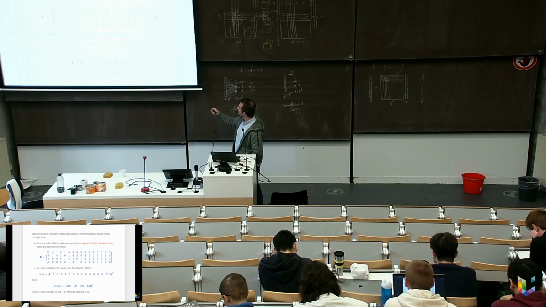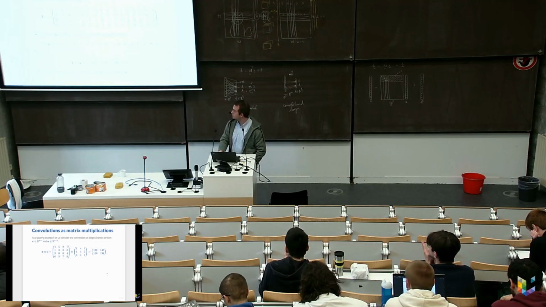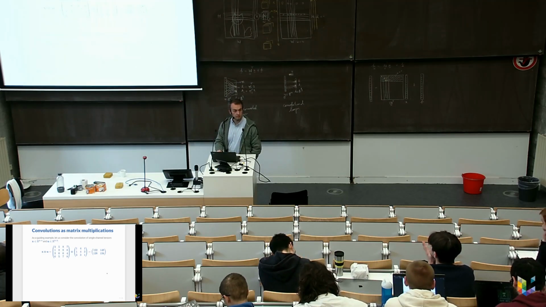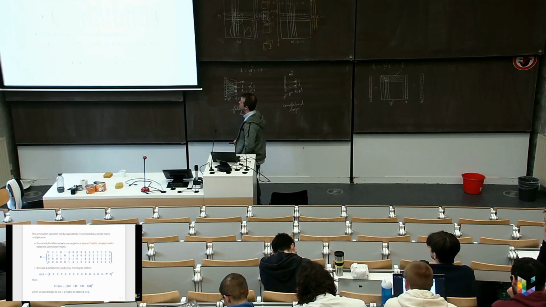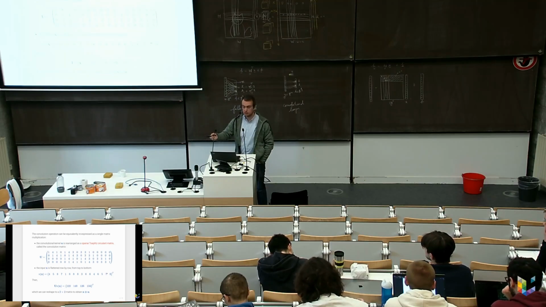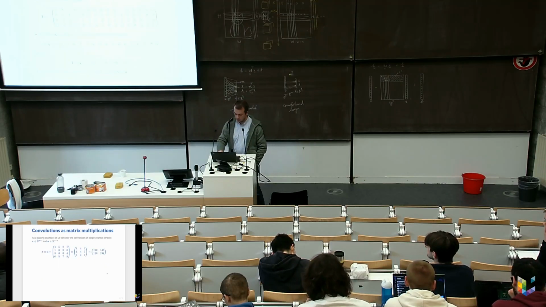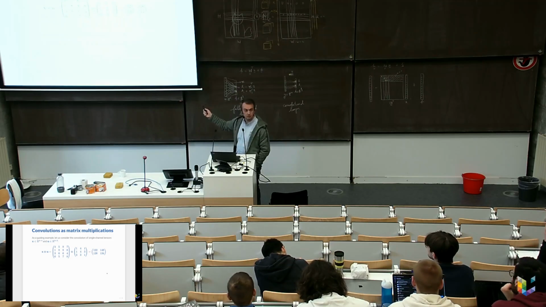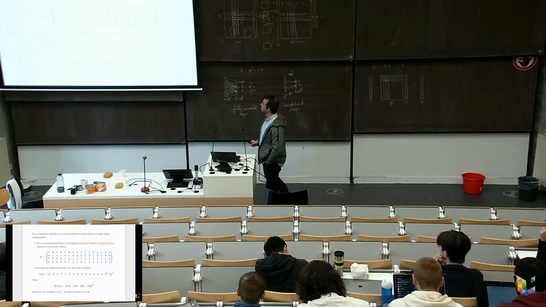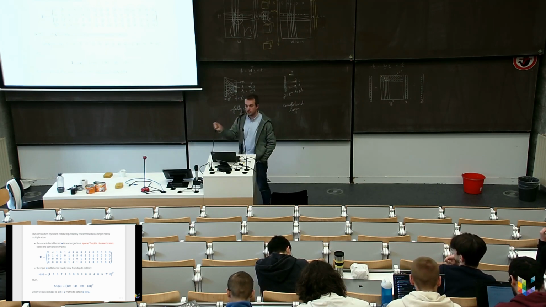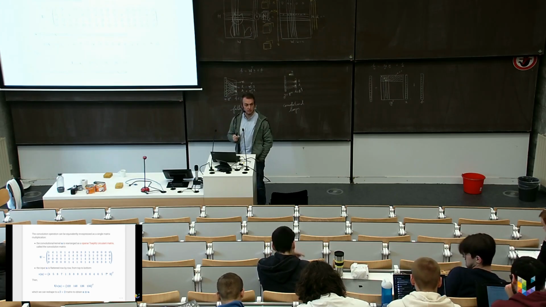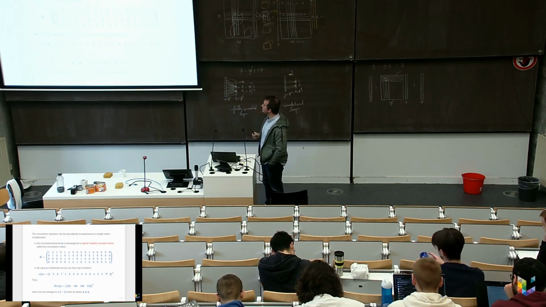You see here we have 16 columns because we started with a 4x4 input. Then each row corresponds to one of the possible outputs. In this case we have 4 rows because we have 4 outputs. And then you fill in the values of this matrix with the values of the kernel elements, only for the positions corresponding to the relevant region in the input.